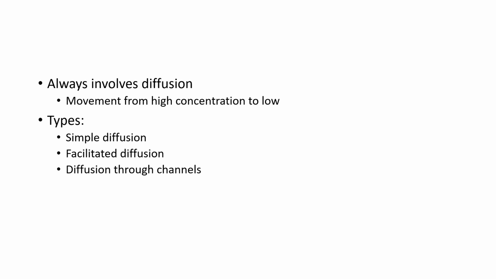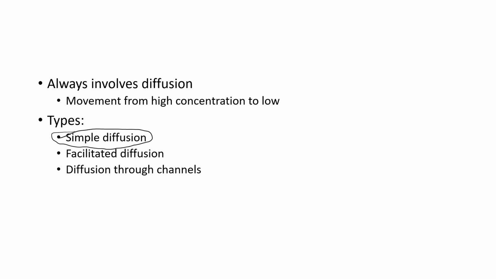Passive transport is always a molecule moving from high to low and not requiring energy. If the molecule itself is nonpolar and it doesn't need an integral protein at all, then it can travel through simple diffusion, which is a type of passive transport.